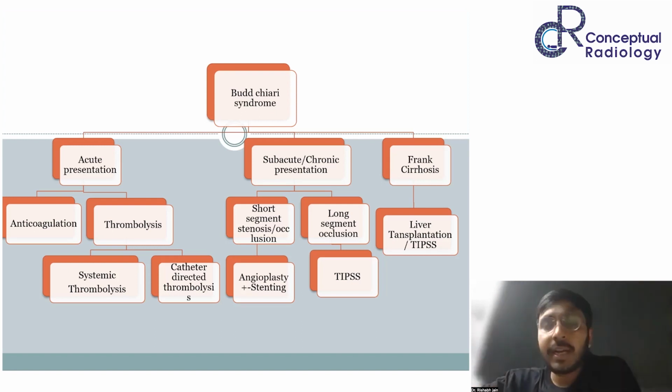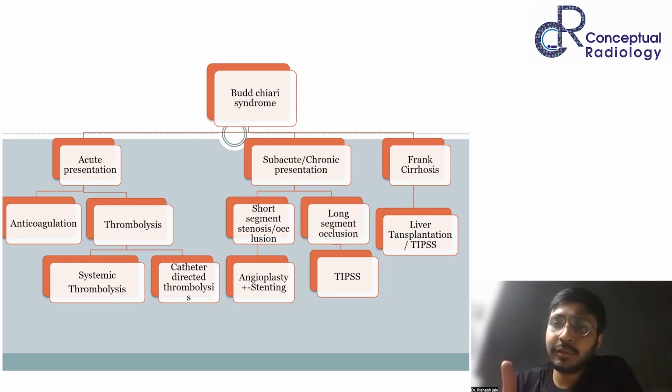So you cannulate the thrombosed hepatic veins or the thrombosed IVC, and you inject a small amount of TPA, like streptokinase, tenecteplase or alteplase, into the hepatic veins through that catheter, and you keep that catheter within the hepatic veins for 24 hours. This is CDT, or catheter-directed thrombolysis.